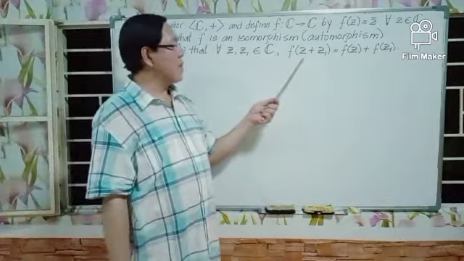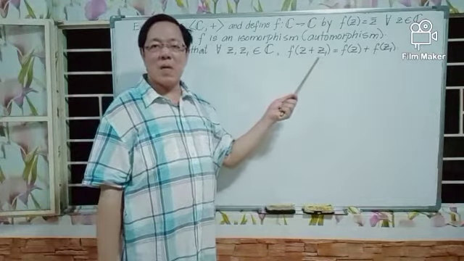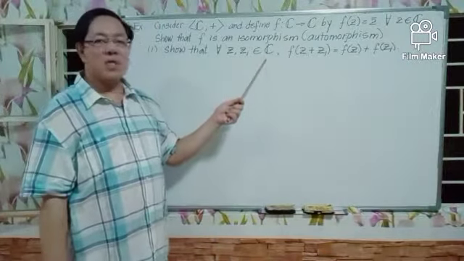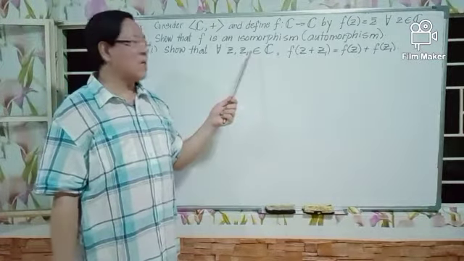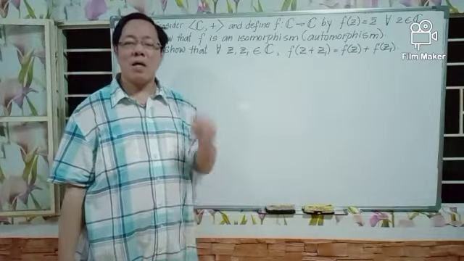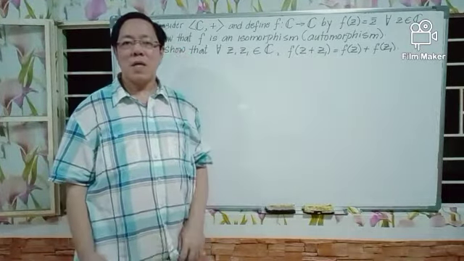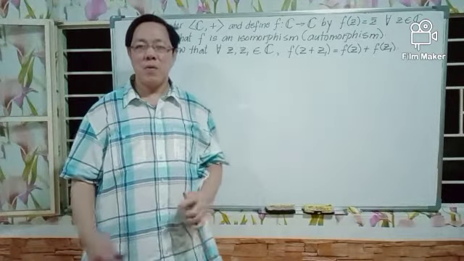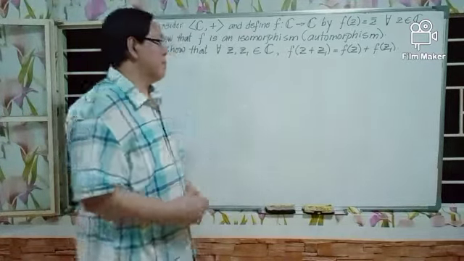And we start from the left hand side where z and z sub 1 are elements of the set of complex numbers, which means that these numbers z and z1 are numbers with imaginary parts and real parts of the following form.